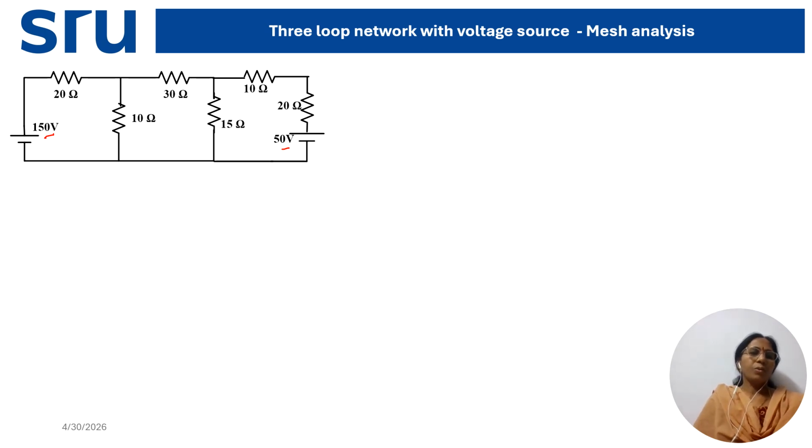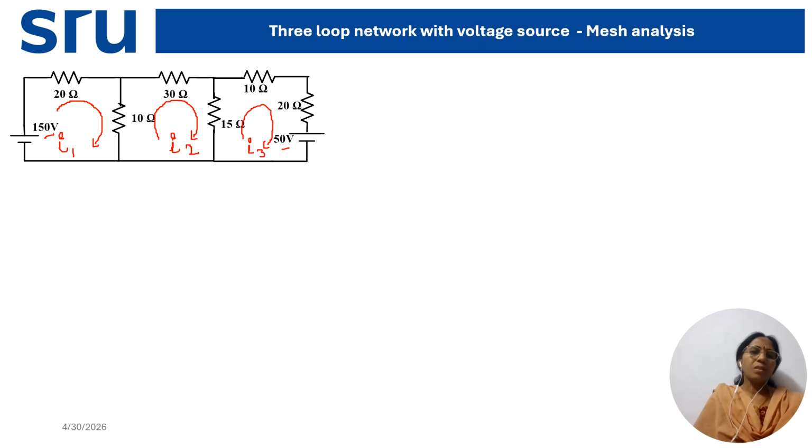Now the first step in mesh analysis is to identify the number of loops. There are 3 loops. This is loop 1, and we represent the loop 1 current with I1. This is loop 2, with loop 2 current I2 in clockwise direction, and similarly loop 3 current I3.